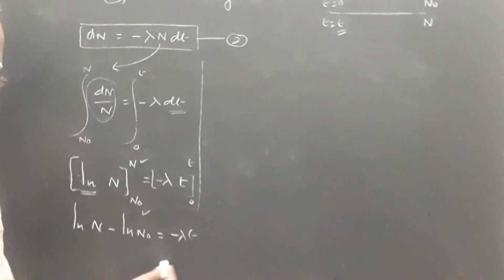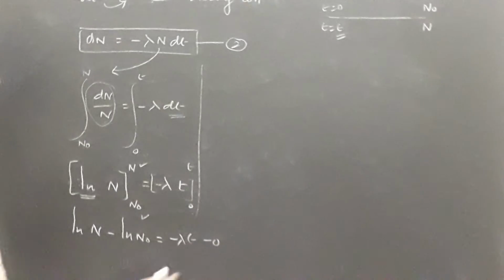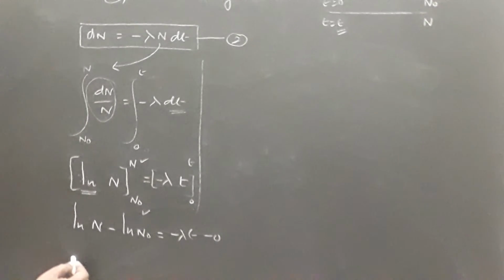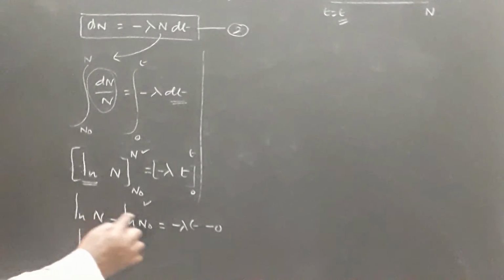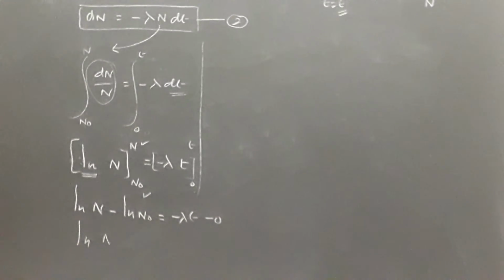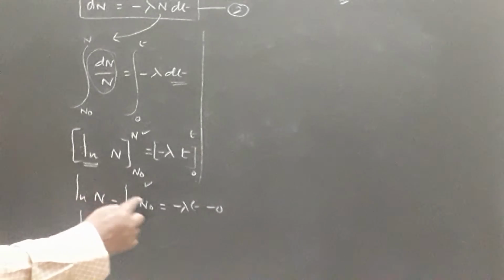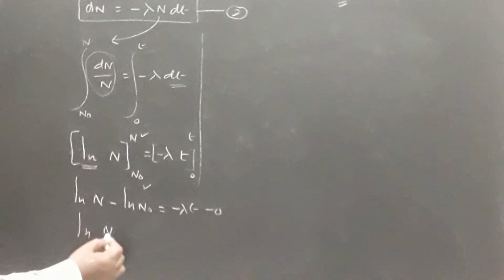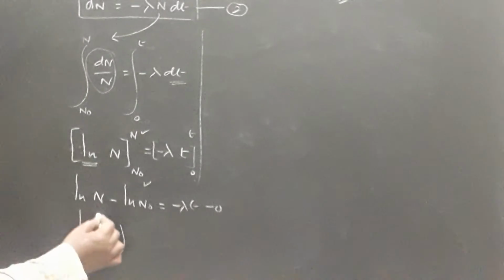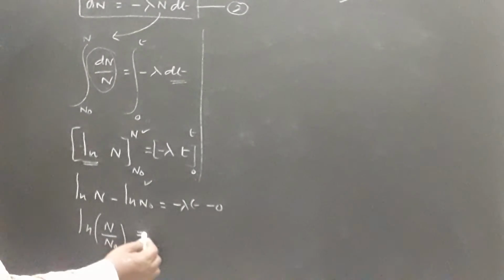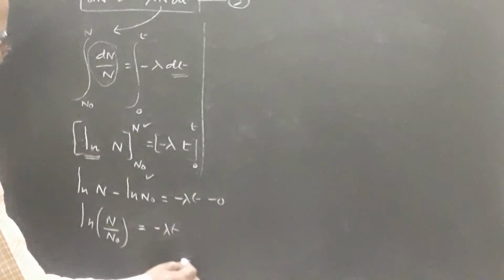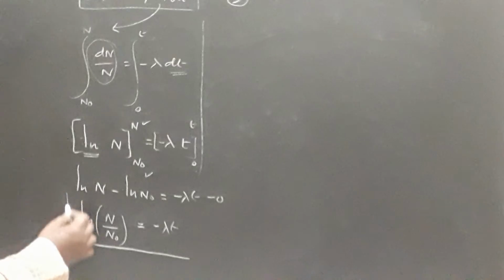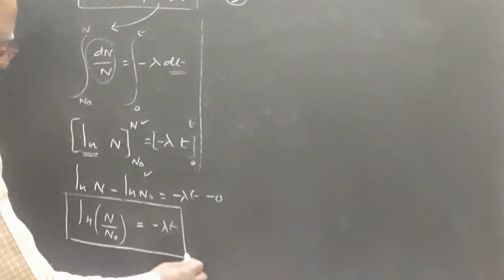Log a minus log b equals log a by b. So on the left hand side we have natural log of N by N naught, and on the right hand side, minus lambda into t. Are you clear? This is another equation.